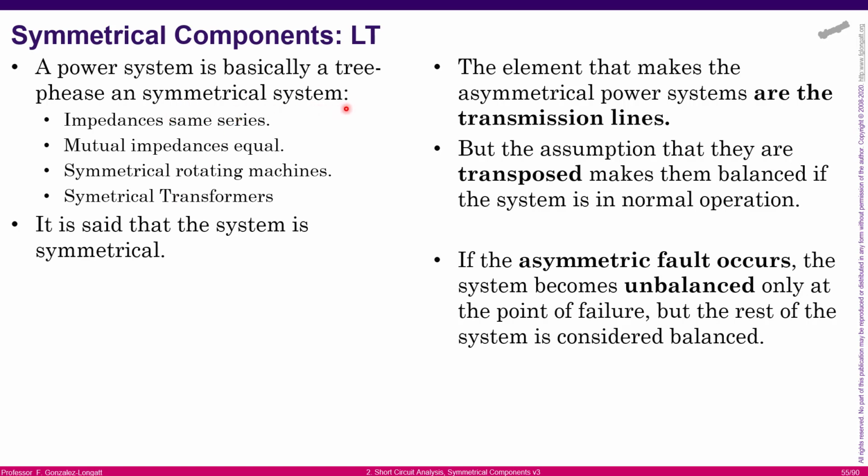Okay, that means that we have the same series impedance in any component, that the effects of the mutual impedance are equal, that we are using rotating machines that are symmetrical from the old point of view, and also we are using symmetrical transformers.